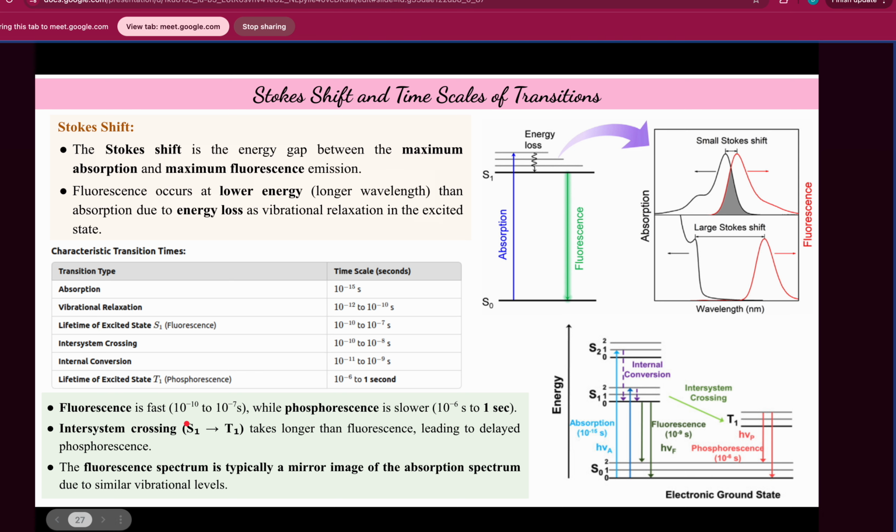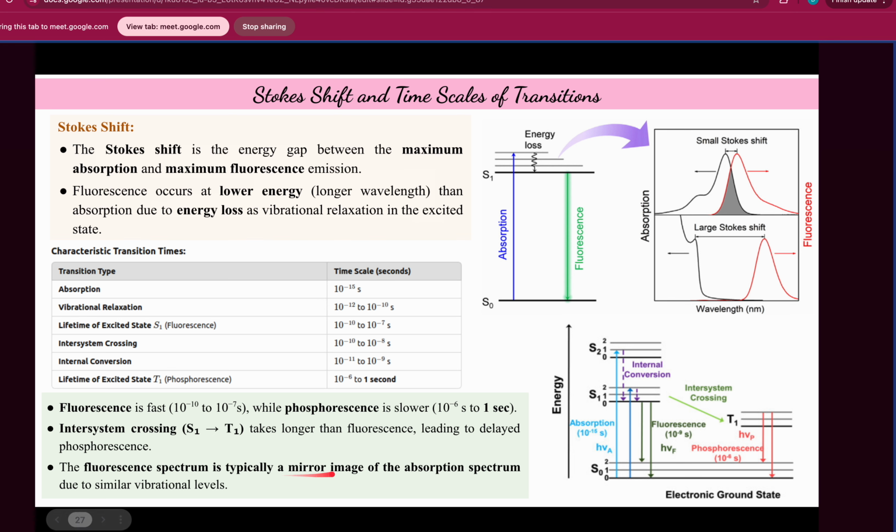Fluorescence is fast, which is 10 to the power minus 10 to 10 to the power minus 7 seconds, while phosphorescence is slower, that is 10 raised to minus 6 to 1 seconds. Intersystem crossing from S1 to T1 takes longer than fluorescence, leading to delayed phosphorescence.